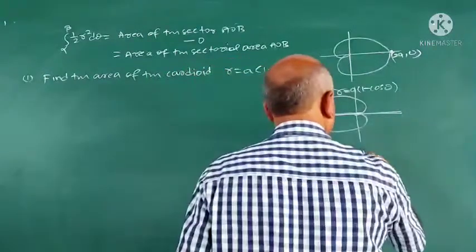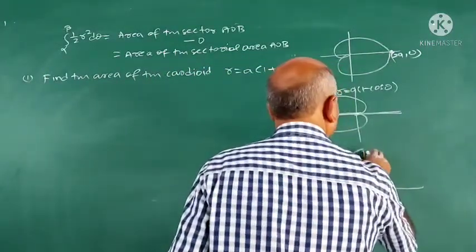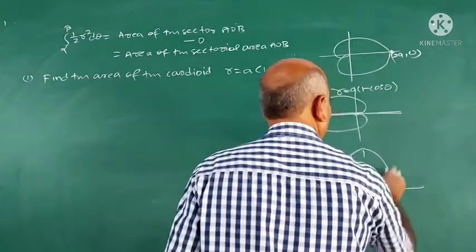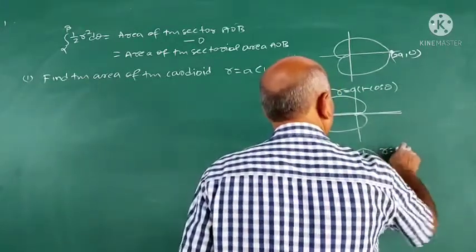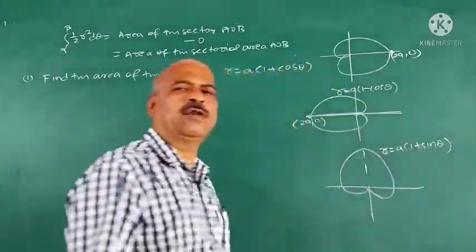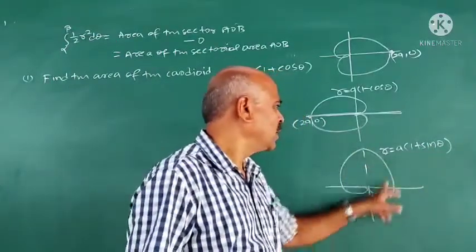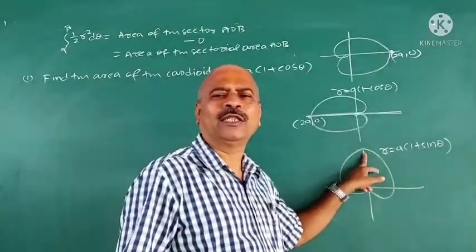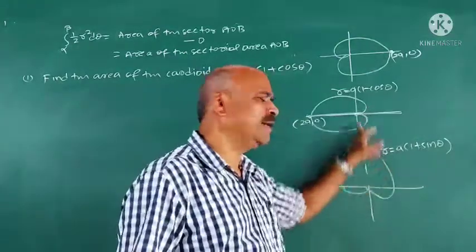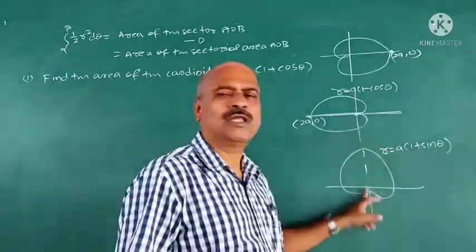Next is r = a(1 + sin θ). How do you remember this curve? When θ = π/2, this is the maximum, r = 2a, and θ = π/2 lies on this line.